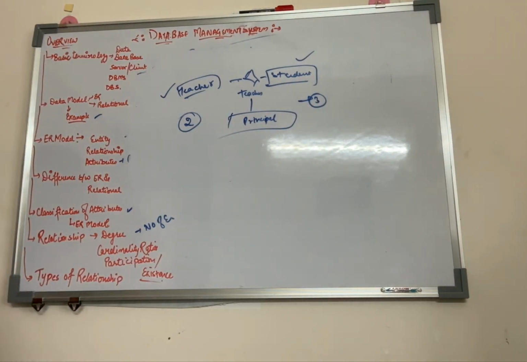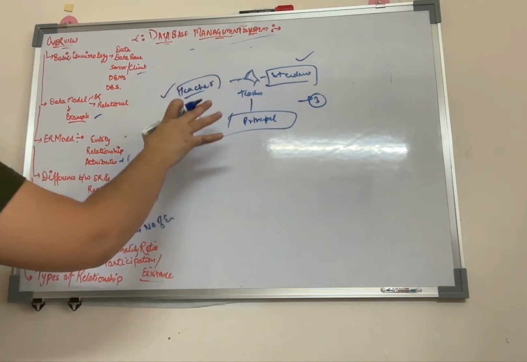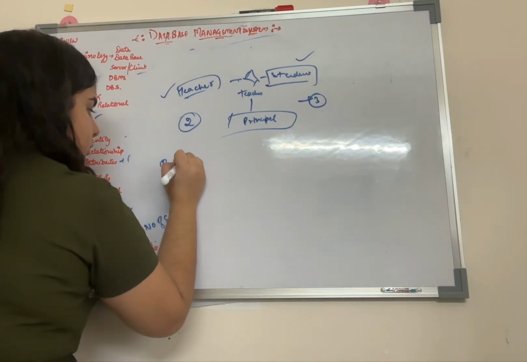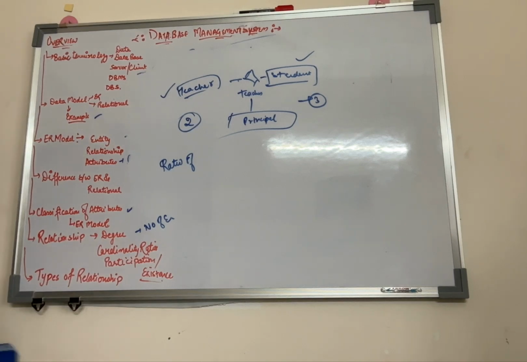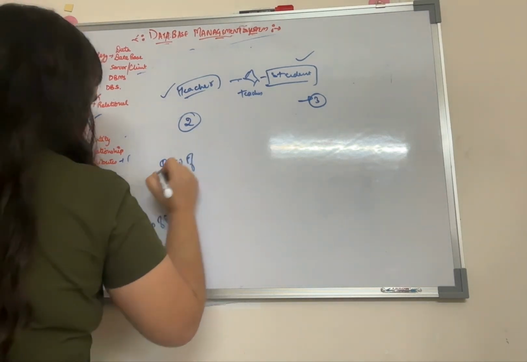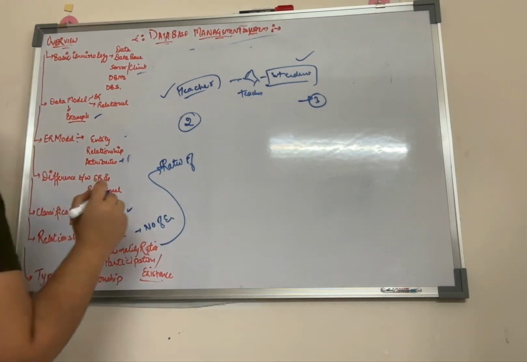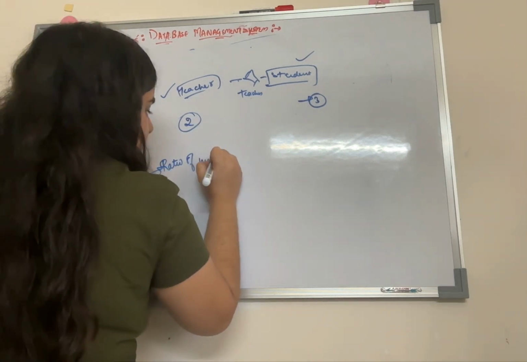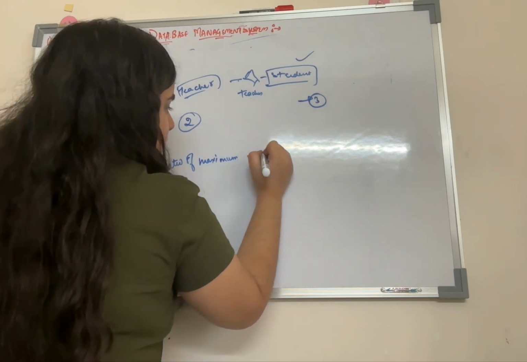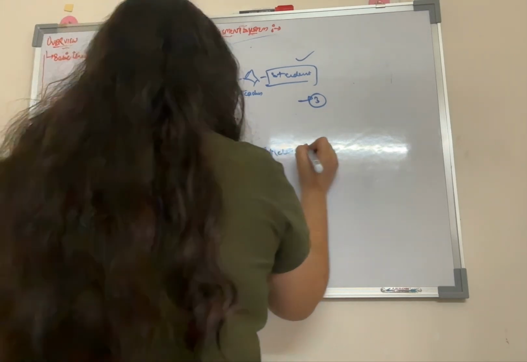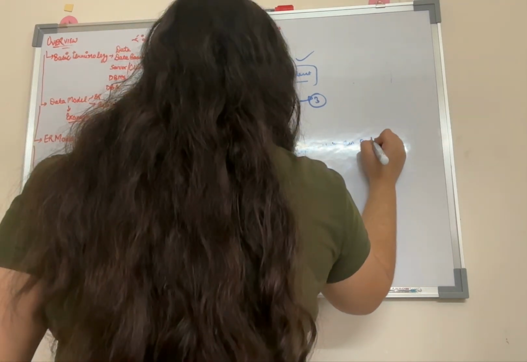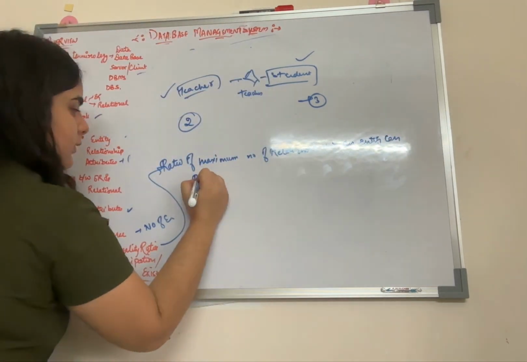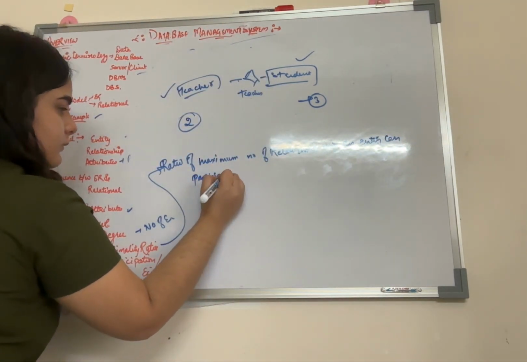Now what is cardinality ratio? Cardinality ratio is defined between the entities. First I'll remove this so that you don't get confused. So what does cardinality ratio mean? It is just the ratio of the maximum number of relationships that an entity can participate in.